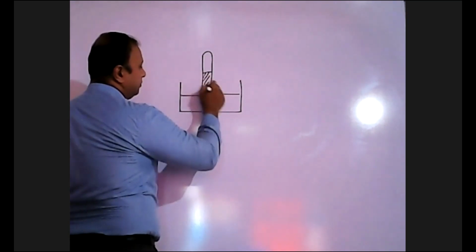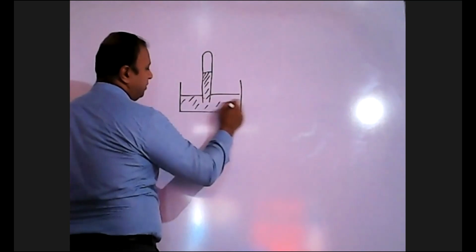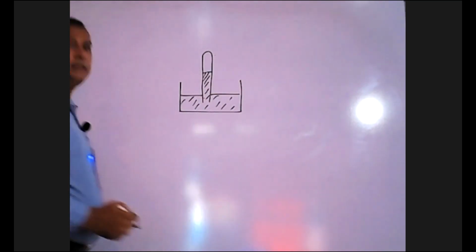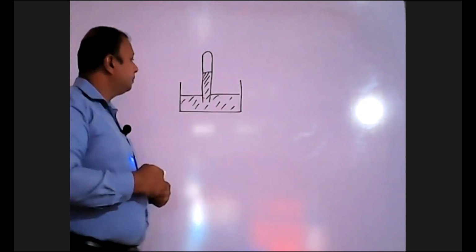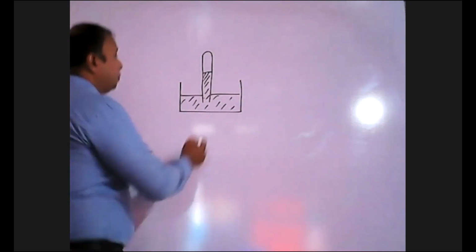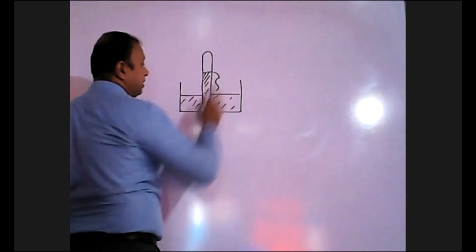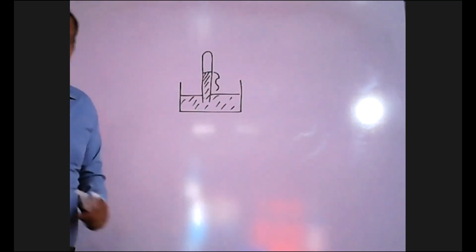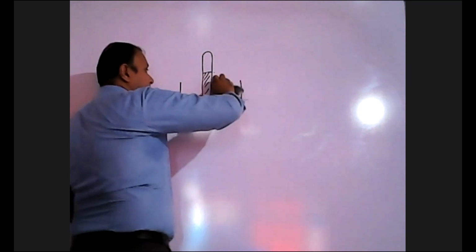So under atmospheric pressure, the mercury level will be raised up to 76 centimeters.